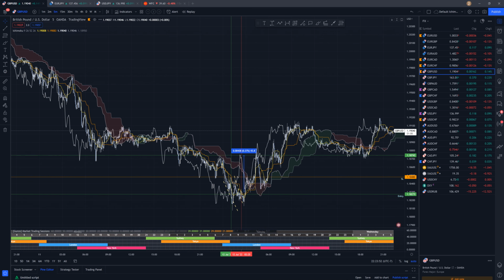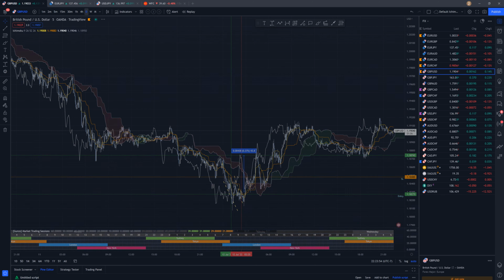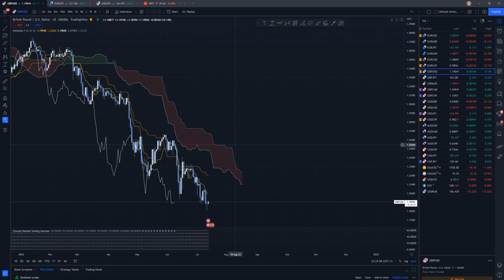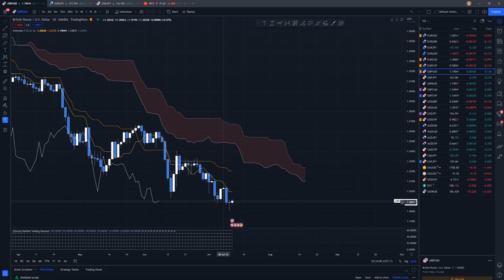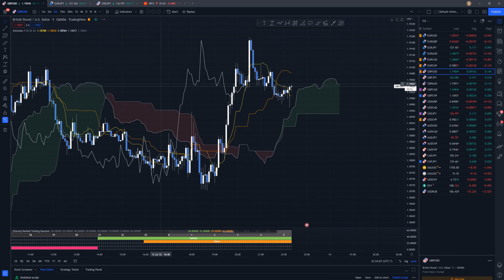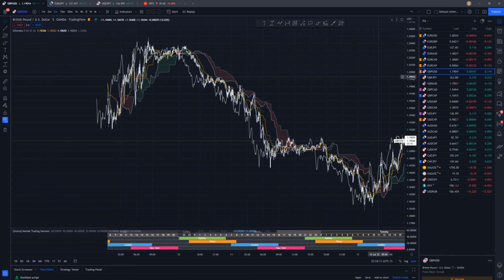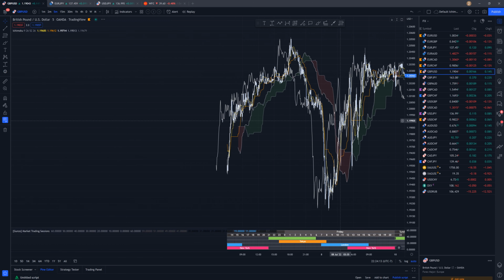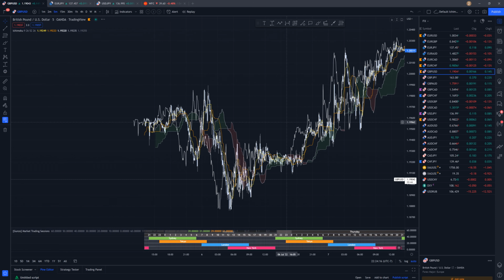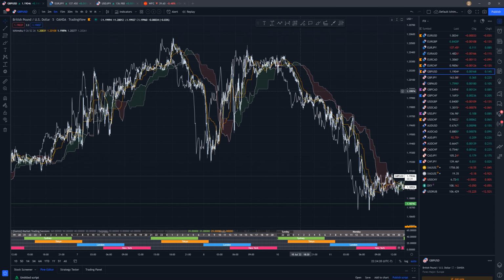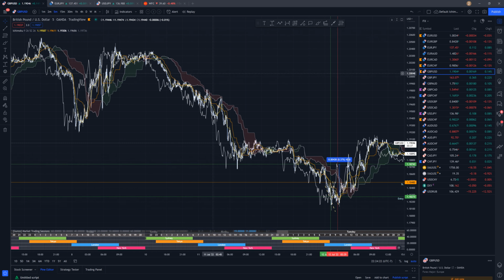So this breakout turned out to be a fake, and on the daily time frame, you can actually see it turned into a doji pin bar, and yeah, this breakout did not happen. So considering what happened, I got out for a very cheap price, for 3 pips. And again, the 40 pips of stop loss that I took, that was about 2% of the entire account I was trading.